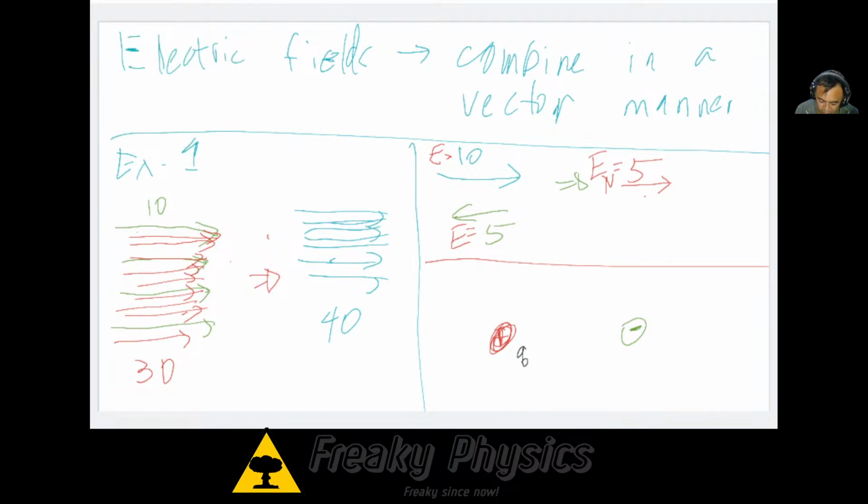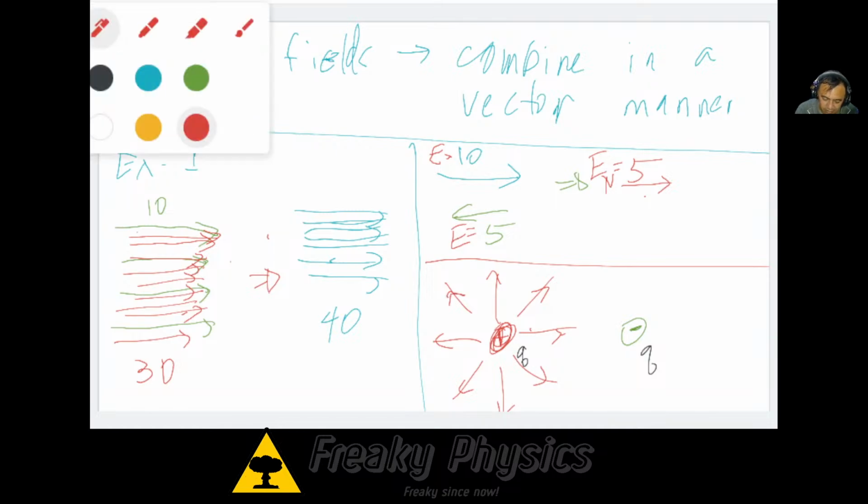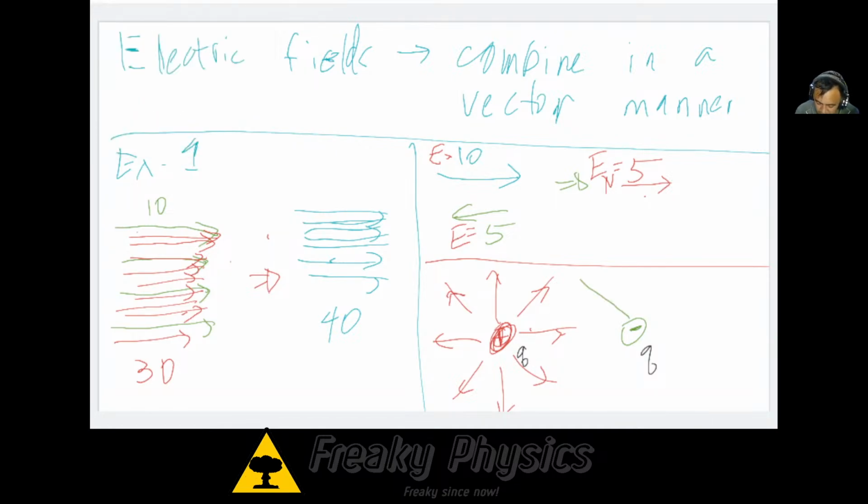So this is Q, and this is also Q. For the positive charge, we'll follow the original electric field distribution first, like that. Similarly, we'll do the same thing with the electric field here going in this time.